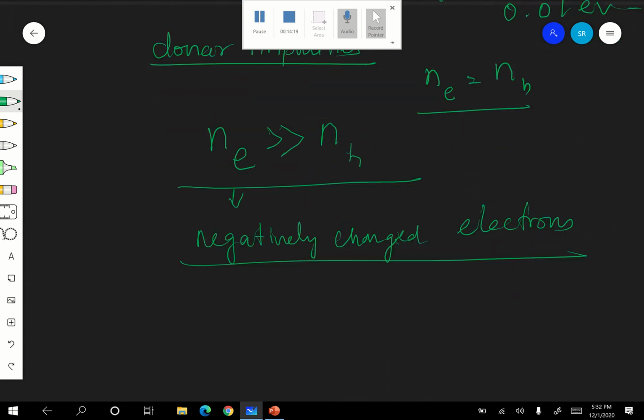They are the majority carriers of electricity. But in a pure semiconductor, both play the same role: Ne is equal to NH. Here Ne is more than NH. Therefore, negatively charged electrons are called majority carriers of electricity.